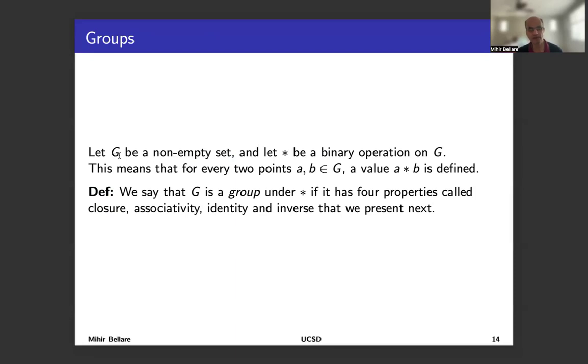When we want a group, the first part is a non-empty set. In our case, often finite, but not necessarily. The second element is what's called a binary operation on the set. That's just a way of saying that if I give you 2 points in the set, you can compute a value based on them through this binary operation.